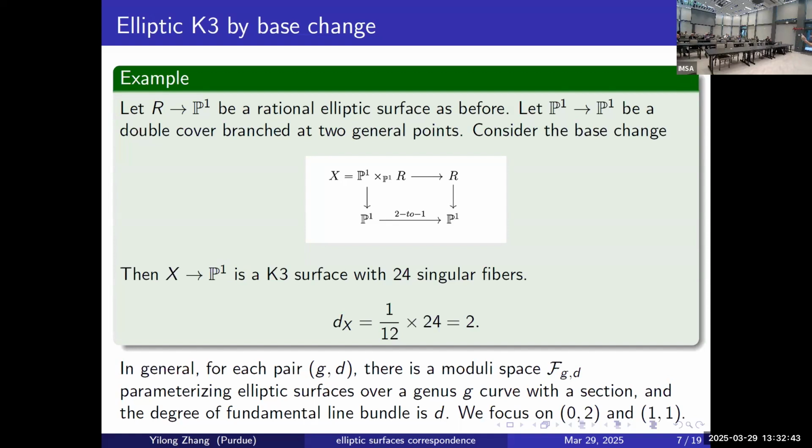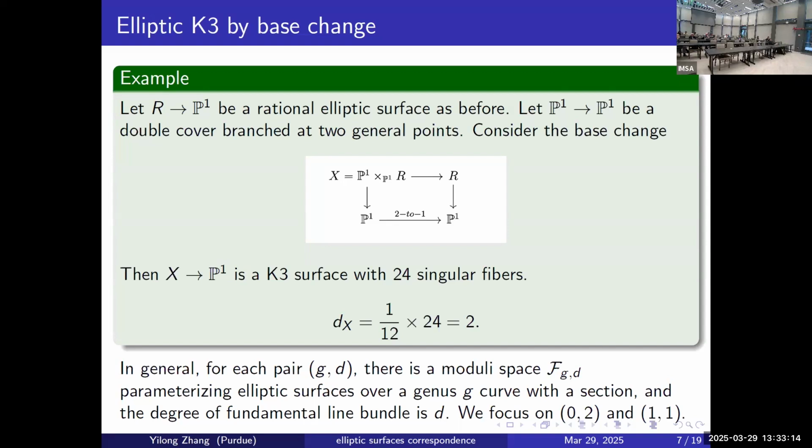Suppose your north pole and south pole don't have a singular fiber, it's a smooth fiber, and then this is still a smooth fibration. By computing this topological characteristic, you can show that it's 24. So it turns out that the degree of this fundamental line bundle is 2. And so actually this is the proof that this is a K3 surface.